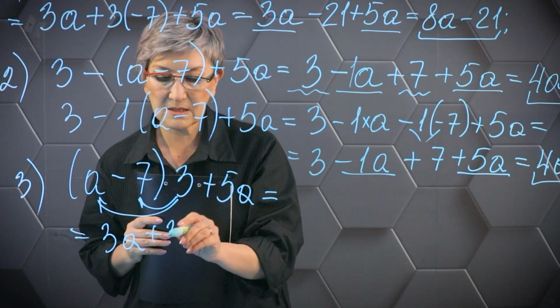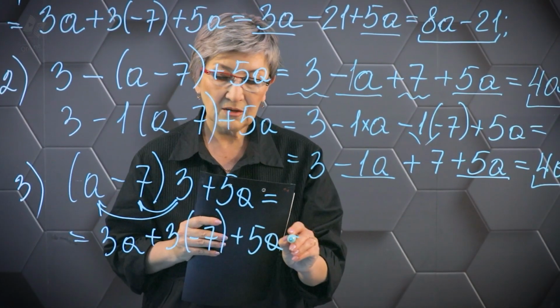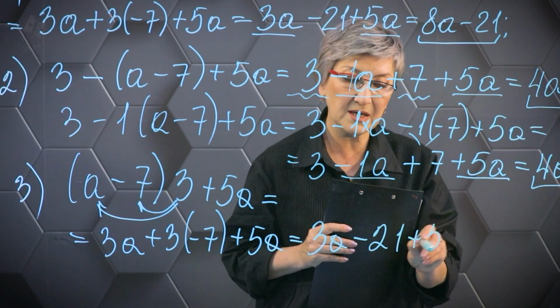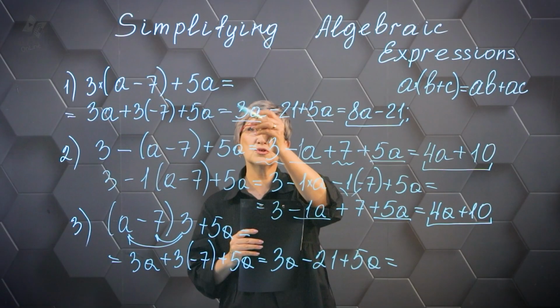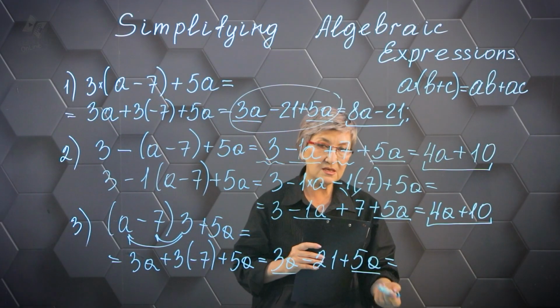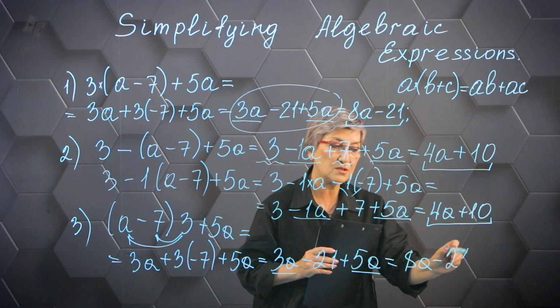Let's write it down. Plus 3 times minus 7 plus 5a. And in this case, we have 3a minus 21 and plus 5a. Notice that we got the same answer, the same expression. And we can add similar summands. And the answer will look like 8a minus 21.